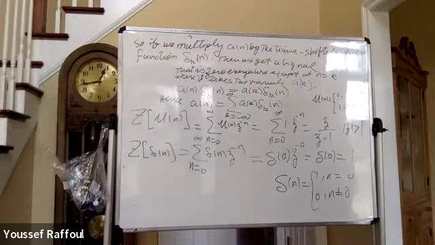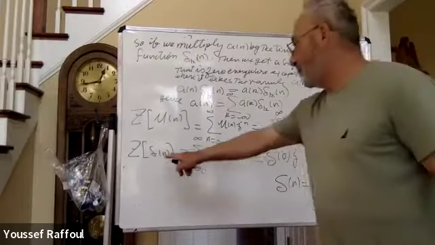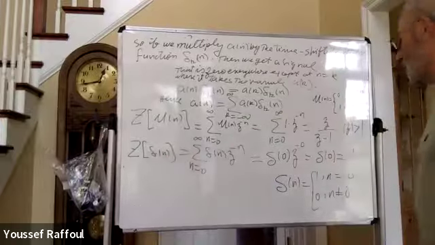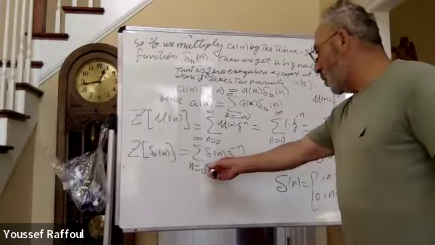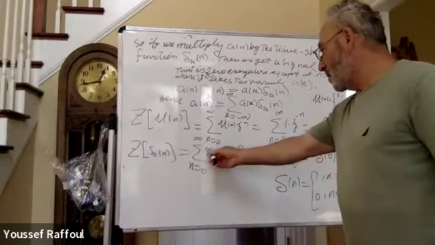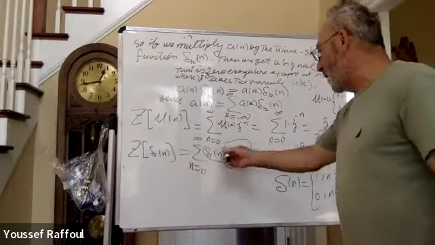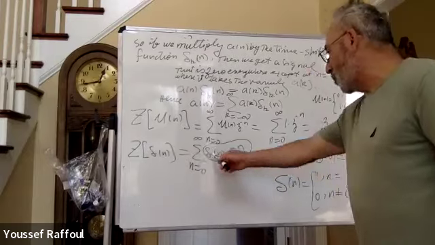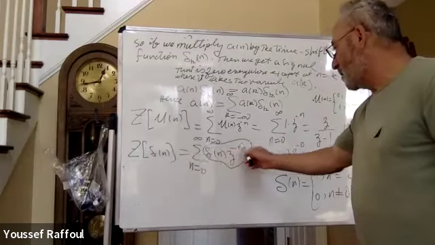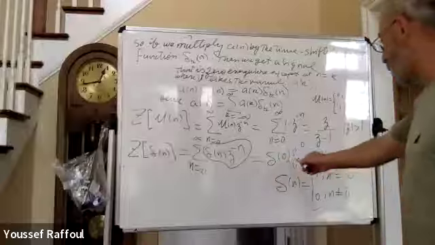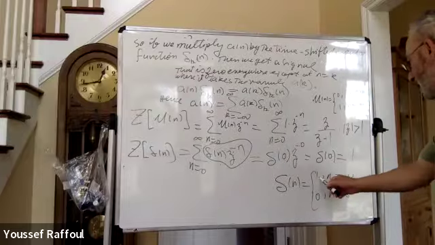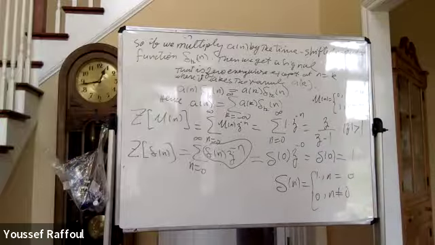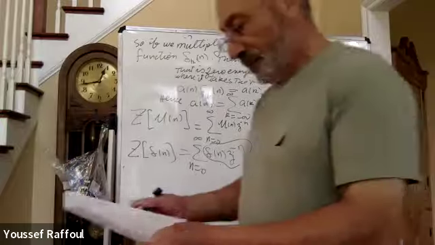And the delta function, remember, delta_n is 1 for n equals 0 and 0 for n different from 0. The Z transform of it turned out to be, well, the only meaningful term is when n equals 0. When n equals 0, you get delta_0 z^0, which is 1. You get delta_0, but delta_0 is 1. And that's it. Okay? All right.